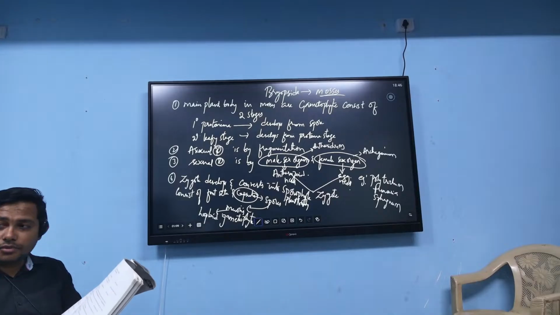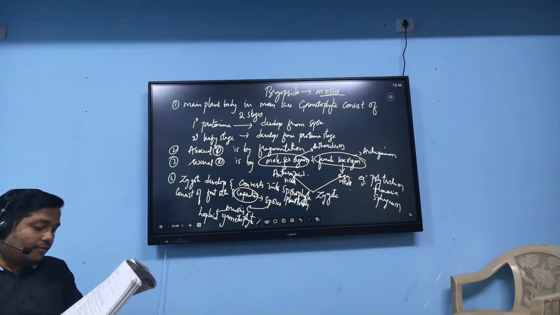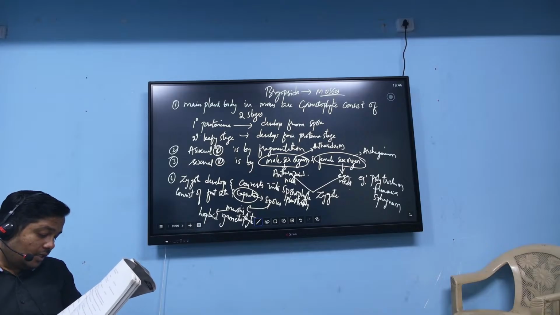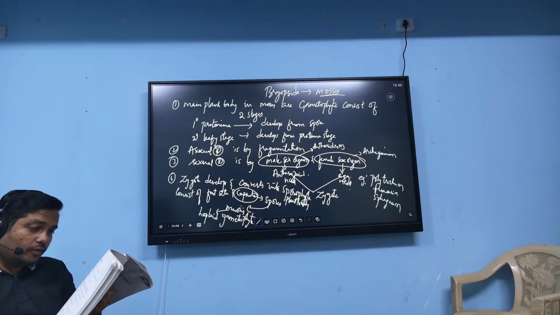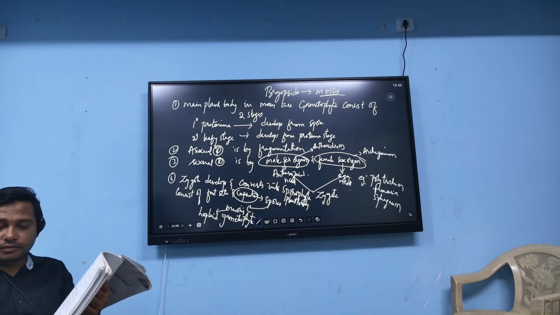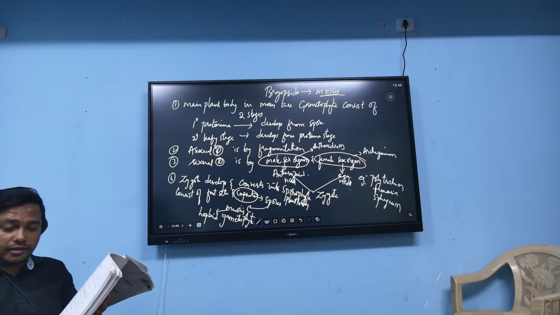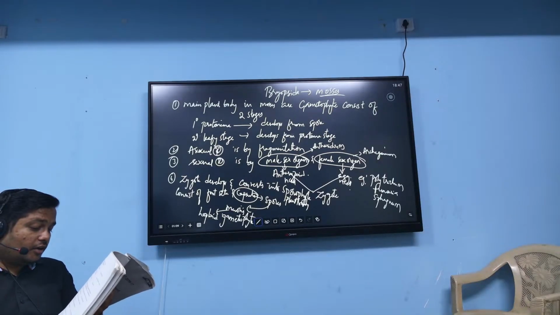Yes, angiosperms. In the last class, we did angiosperms. Angiosperms have dominated the land flora because of: A. Nature of cell pollination.